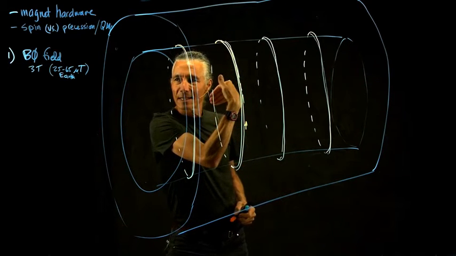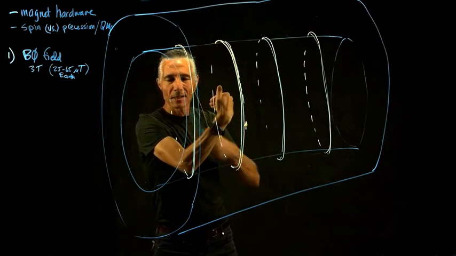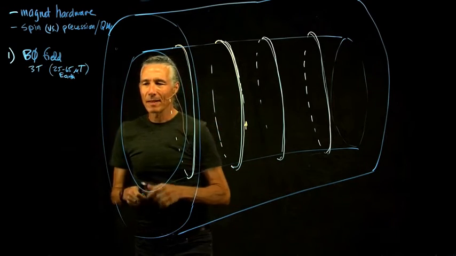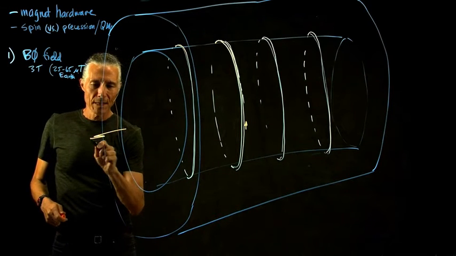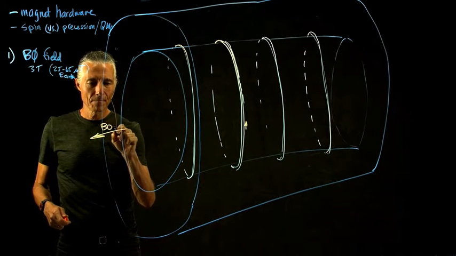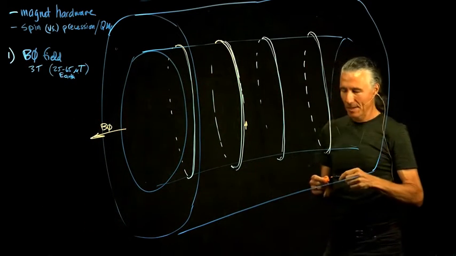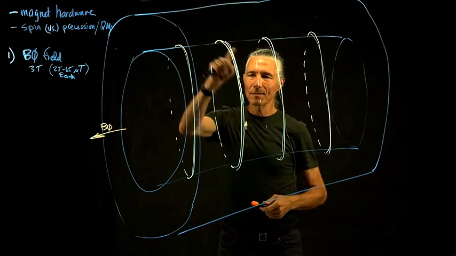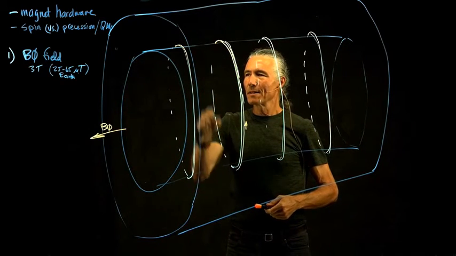Well, that makes the tips of the fingers point in this direction. And so that makes the B0 field. So the B0 field will be coming out this way. So that's the B0 vector field. And you get that from positive current going this way in the coils.